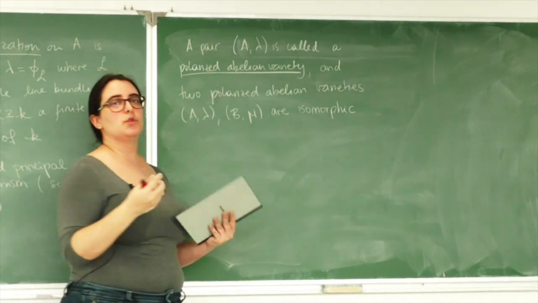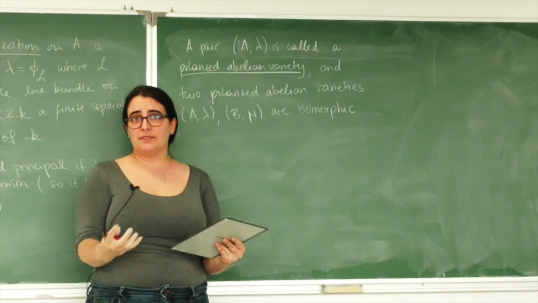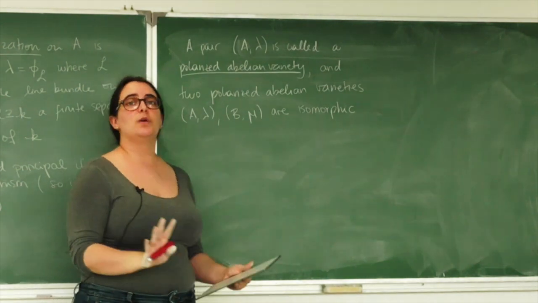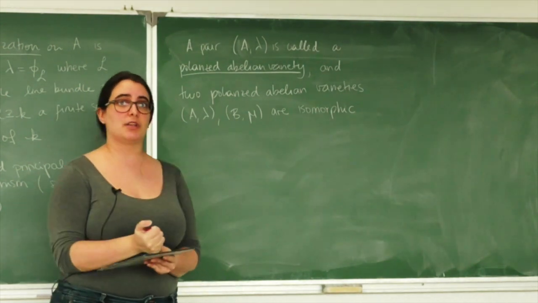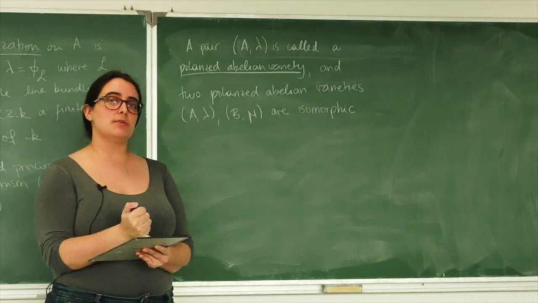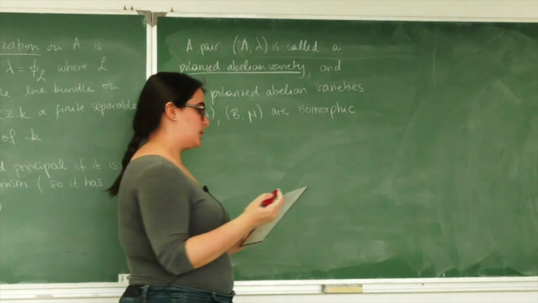And again here I'm talking about isomorphism as polarized Abelian varieties, which is different to isomorphic as Abelian varieties, because here we have the condition that has to be satisfied on the polarizations too.